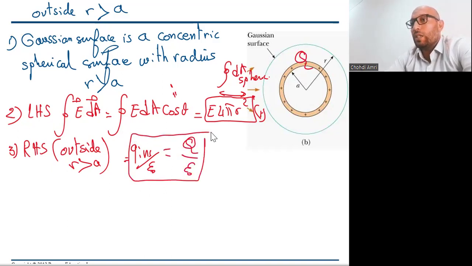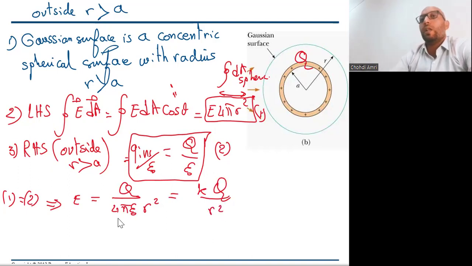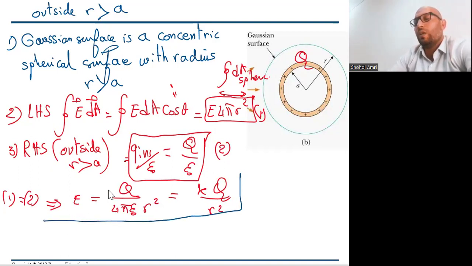And this is our second term. First term and second term give E equal Q divided by 4 pi epsilon naught r squared, which is equal to kQ over r squared. And we are done. This is the electric field outside the spherical shell.